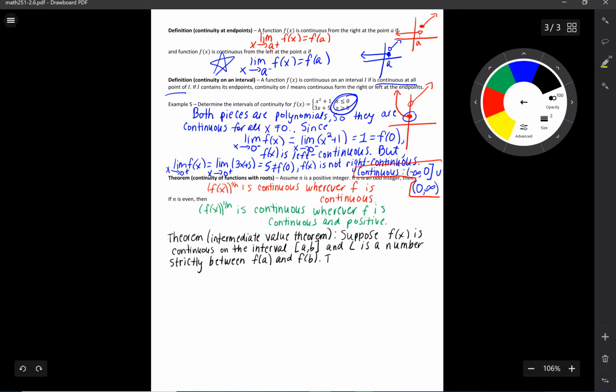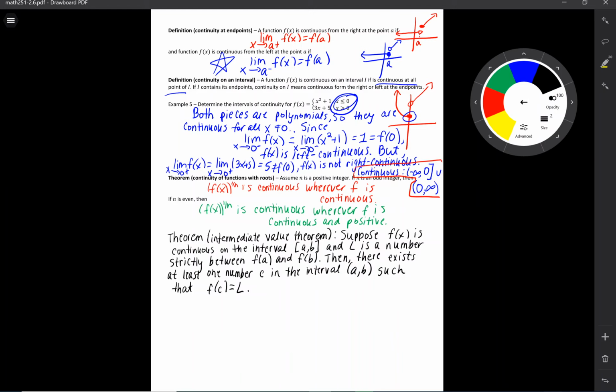Then, what this theorem says, there exists at least one number, we call it c, in the open interval a to b, such that f of c is equal to L.